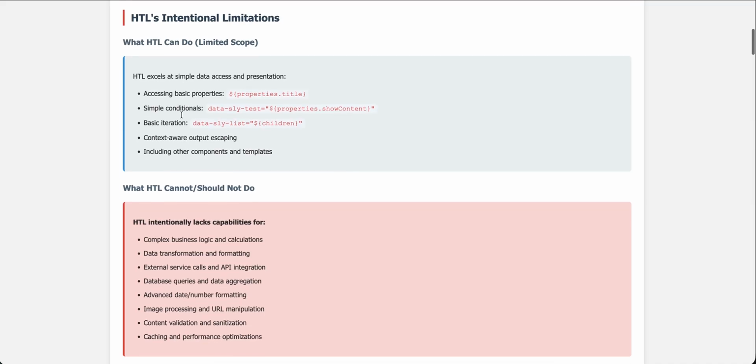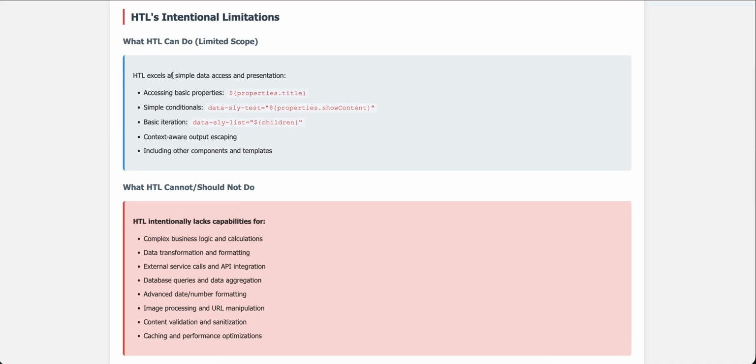HTL excels at simple data access and presentation. If you need to access basic properties, like the title of this page, we can use properties.title and get the title of the page. If we have to use a conditional statement, like properties.showContent, then only if this content exists will the condition be met and it will be shown, otherwise it will not be shown.